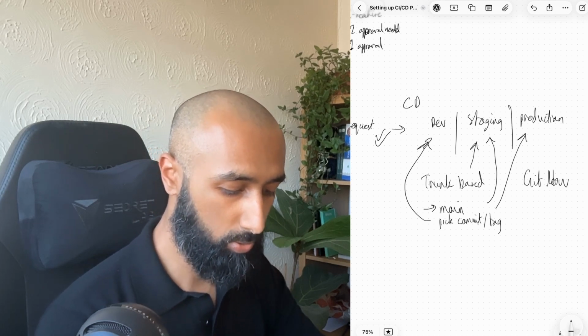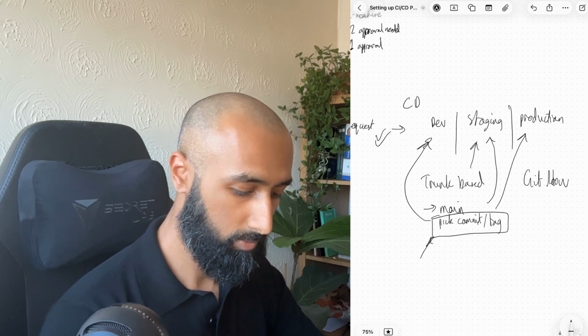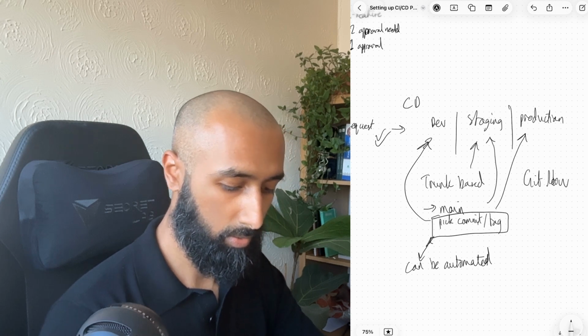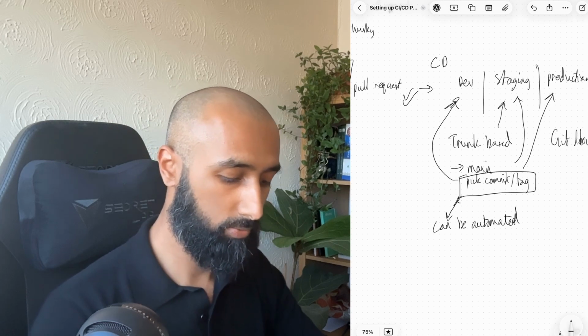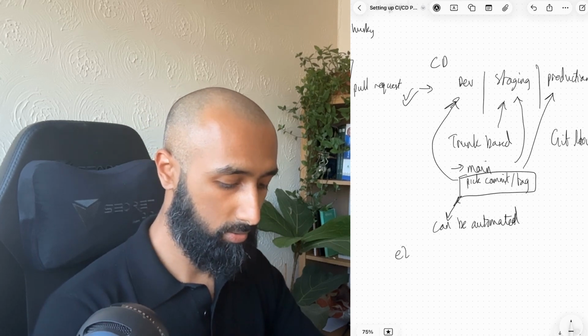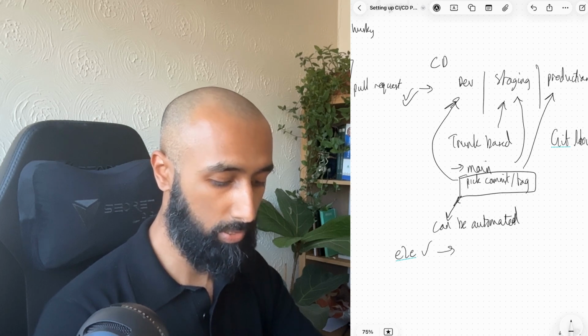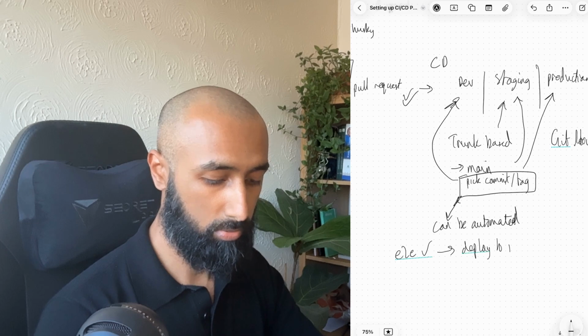Now this part also can be automated. If you're at a really big enterprise, you might have end-to-end tests run, and then if those tests pass, then it will automatically deploy to the next stage.